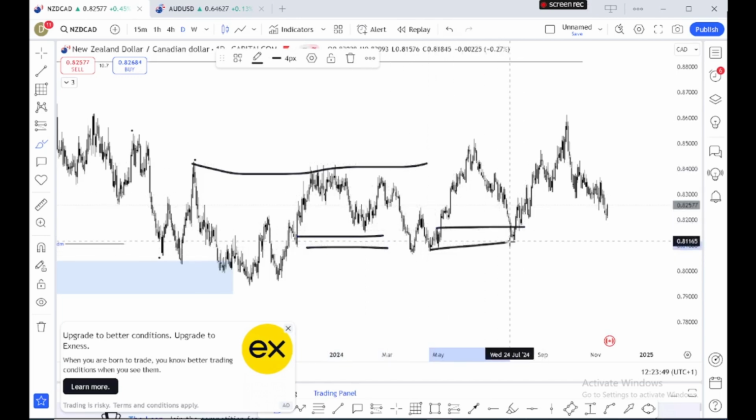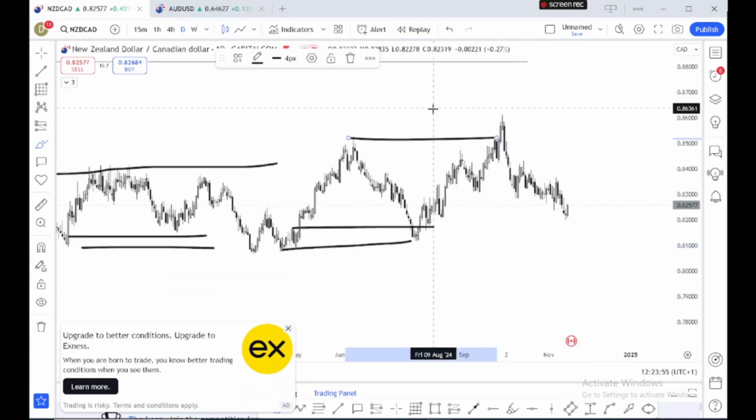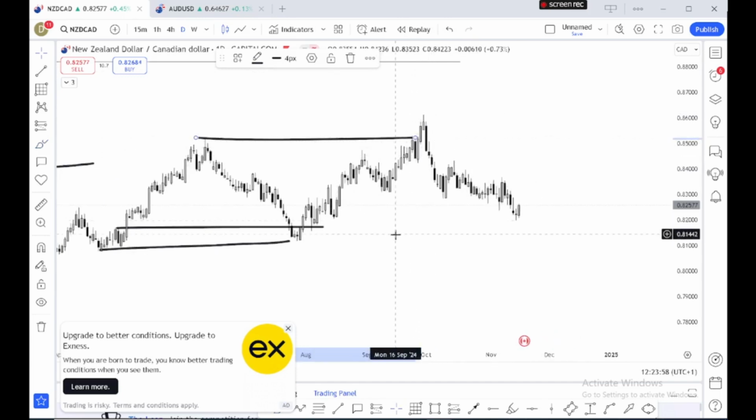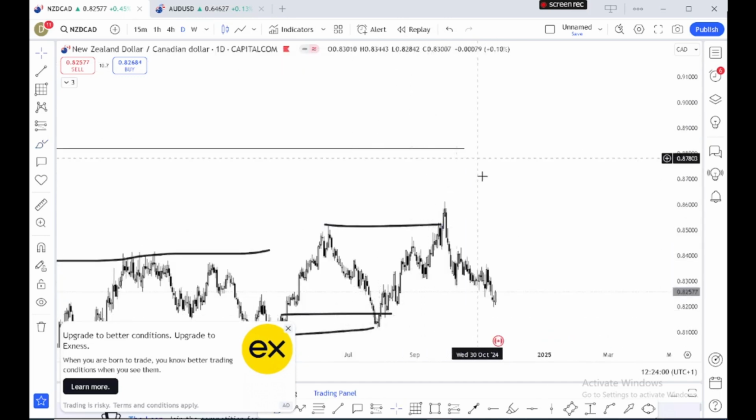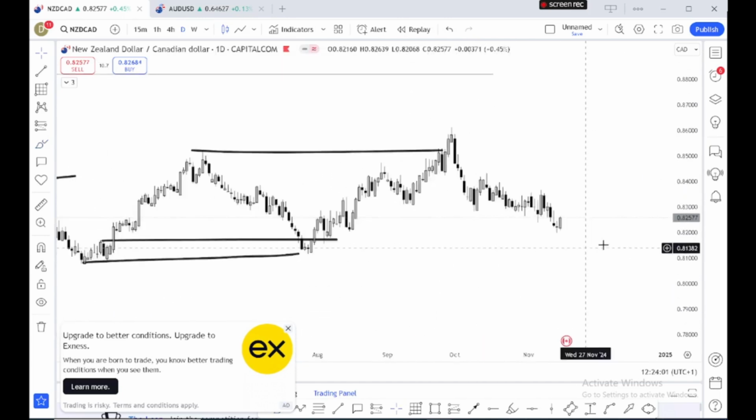These are all internal structure, break this high. So if I'm to look at it now, we had a break of structure here internally because market is going up. So we have a break of structure here.